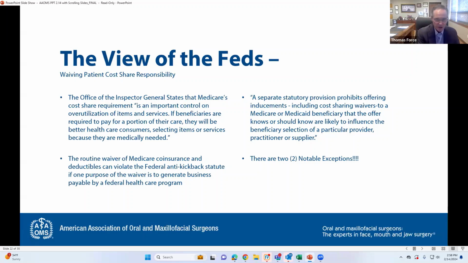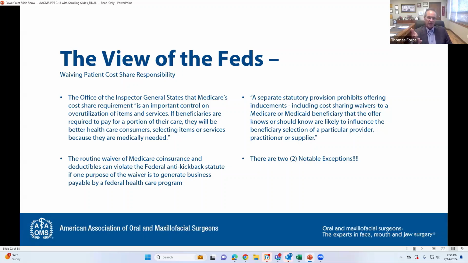If beneficiaries, and this is from the OIG, quote, if beneficiaries are required to pay for a portion of their care, they will be better healthcare consumers, selecting items or services because they are truly medically needed. Overutilization. The routine waiver of Medicare coinsurance and deductibles can violate federal anti-kickback statutes. We talked about that earlier. If one purpose of the waiver is to generate business payable by a federal healthcare program.